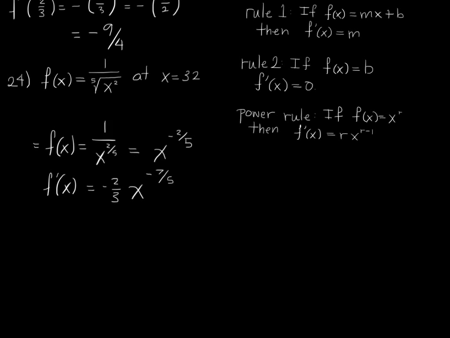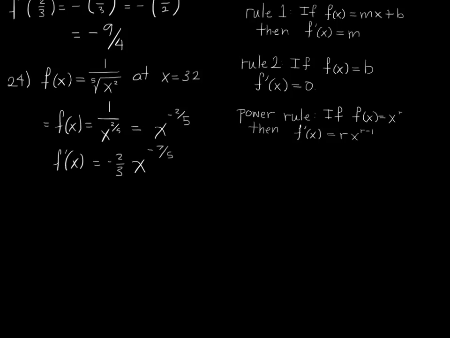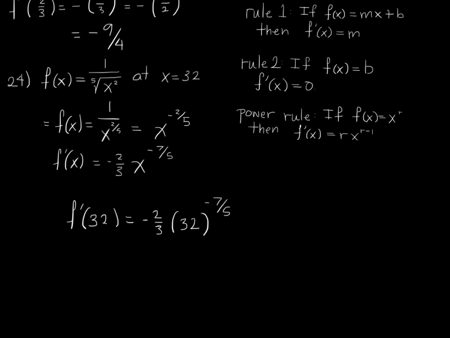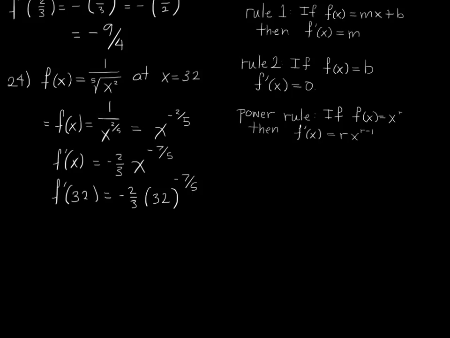All right, now all we have to do is evaluate this at the point 32. So plugging in 32 into the function, we get negative 2/3 times 32 to the negative 7/5. Now all we have to do is recognize that 32 is 2 to the 5th, and we end up with negative 2/3, 2 to the 5th, to the negative 7/5, which cleans up nicely.